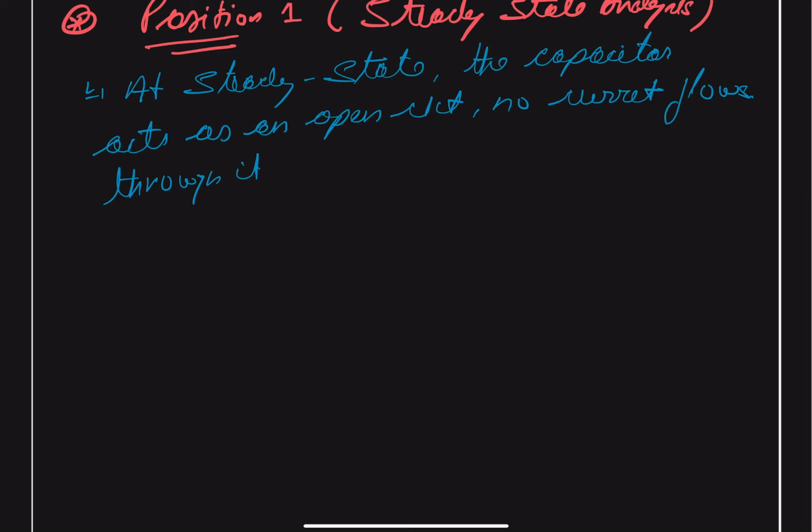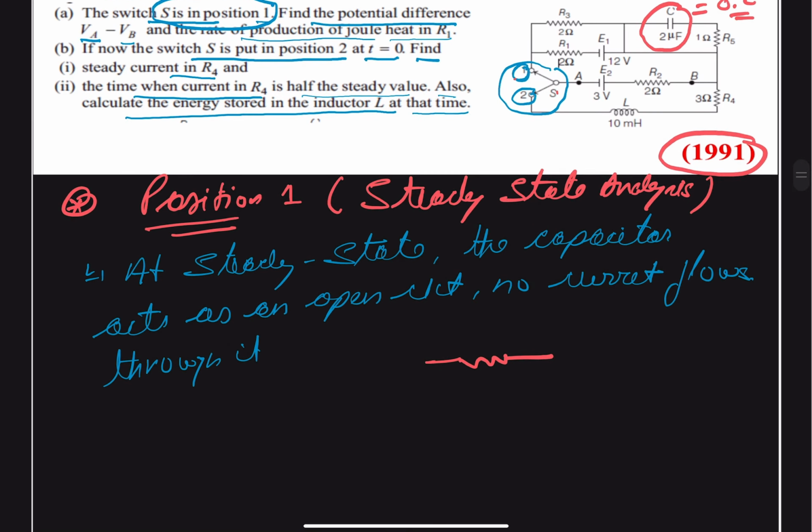and this can be drawn as we have a resistance here, and this resistance is given as R3, and here we have the capacitor which will now be acting as an open circuit, and we have resistance R1 which is connected to a battery source which is our E1. So we have R1 and E1, and to the other end of the capacitor we have resistance R5, which is 1 ohm.